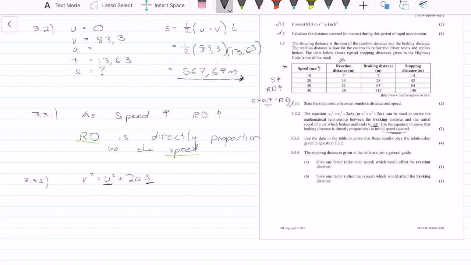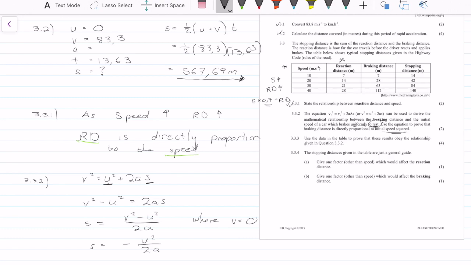Let's manipulate this formula to get s as the subject. We can say that v squared minus u squared equals 2as. Solving for s, s is equal to v squared minus u squared over 2a. But it said that the car gets to rest, so where v equals 0, we have s equals minus u squared over 2a.